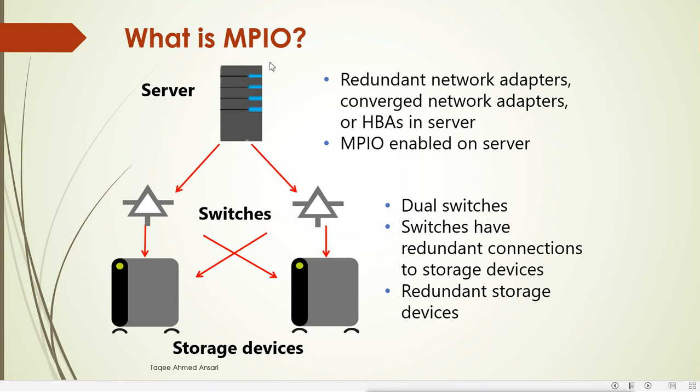So this MPIO can allow the initiator client to use both paths to connect to the storage. Now what is the benefit here? If suppose one path goes down, then the storage and the data will still be available for the client from the other path.